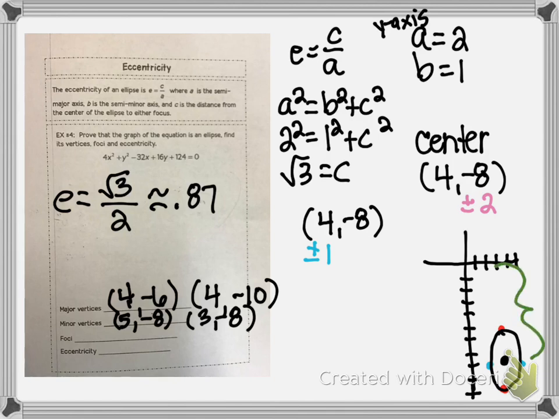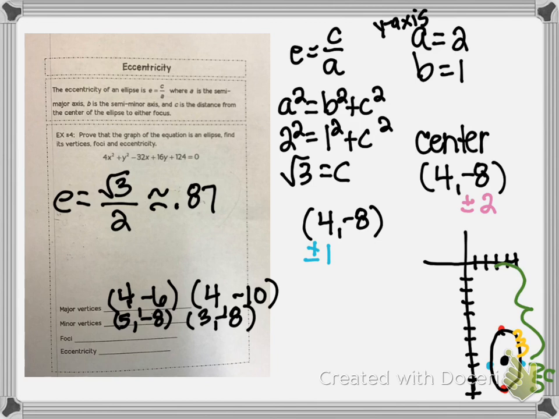And we're going to add the C value, and that's going to give me my foci further down. But then we're also going to take away the C value, because it's going to bring it back up to that original value. So we're going to add the C to get the foci that's further down. We're going to subtract the C to get the foci that's further up.